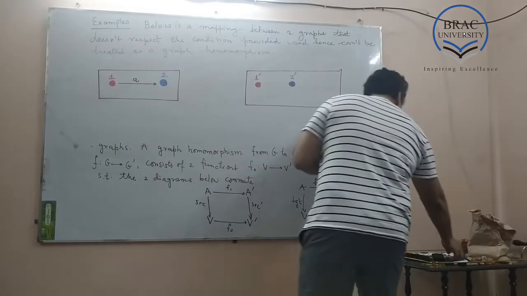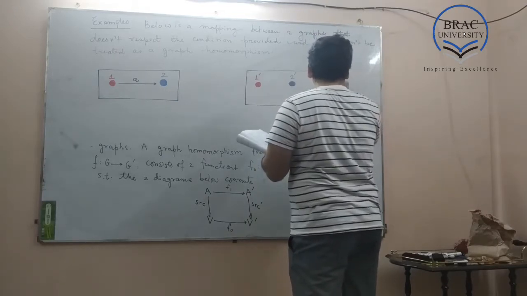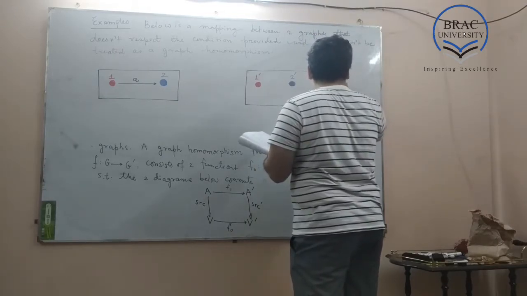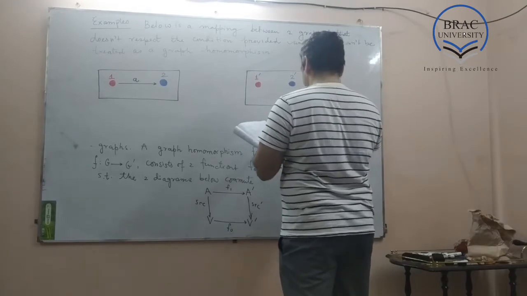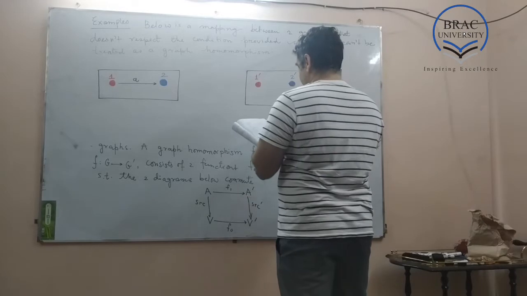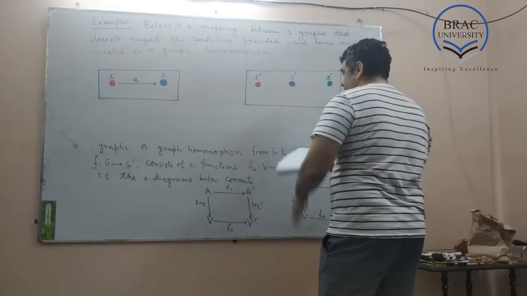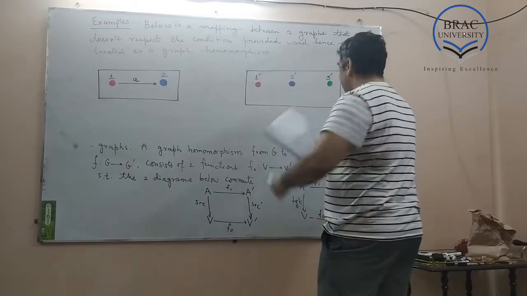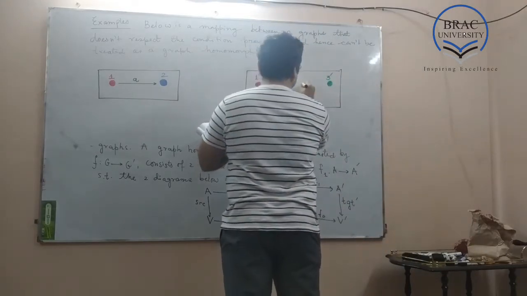And there is another vertex, a big vertex, which is 3 prime. And there is this arrow A prime from 2 prime to 3 prime.